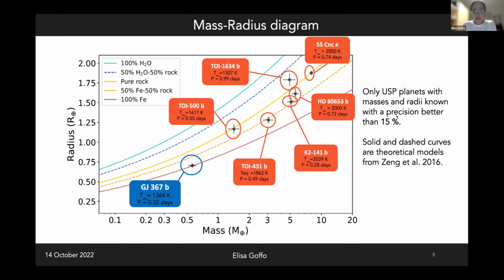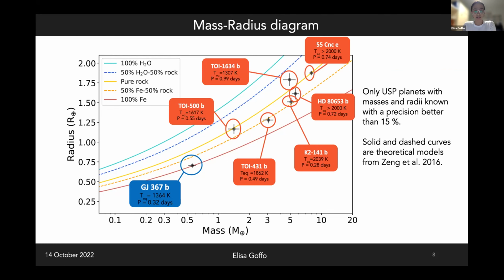Reporting here the mass-radius diagram of the ultra-short period planets smaller than 2 Earth radii, GJ 367b is the smallest and densest USP planet, with a mass and radius that are known with a precision better than 15%.